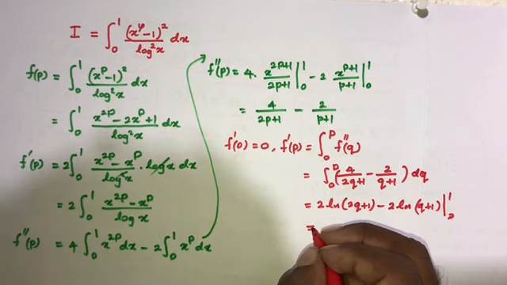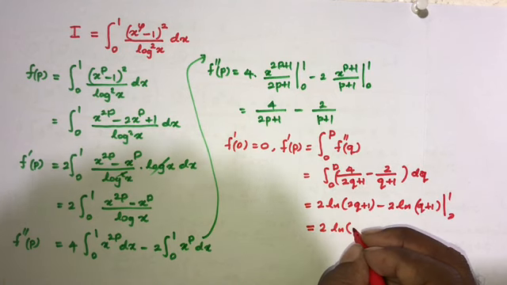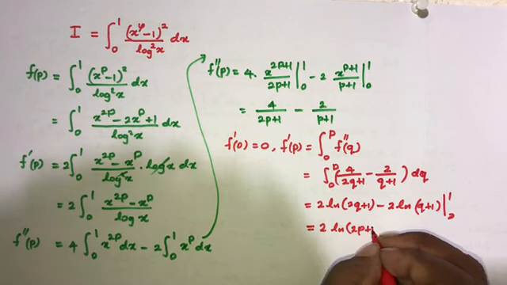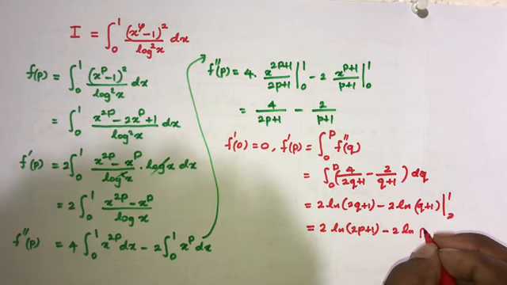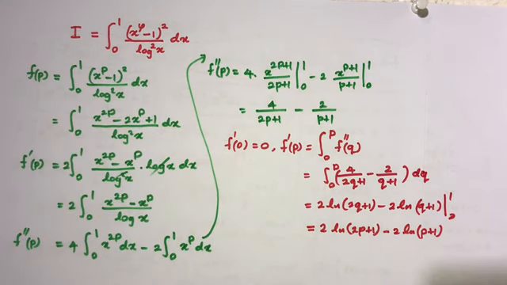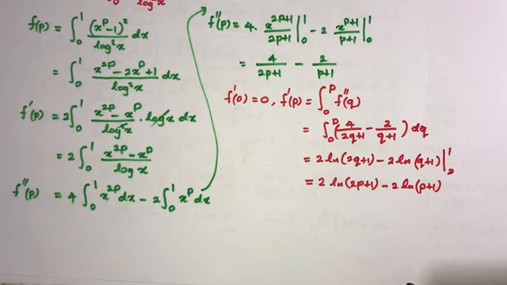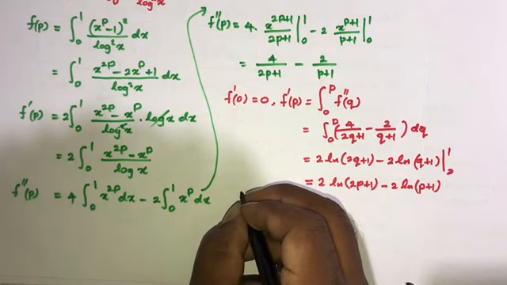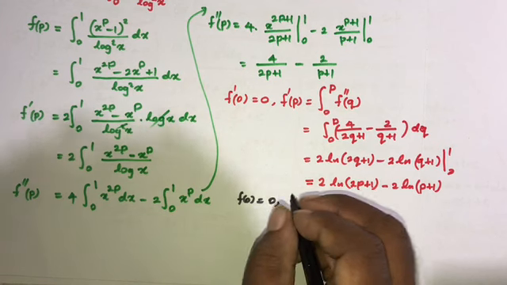Okay, if we plug in the limits, we will have f'(p) equal to 2 times natural log of (2p+1) minus 2 times natural log of (p+1). Also we know f(0) is equal to 0.